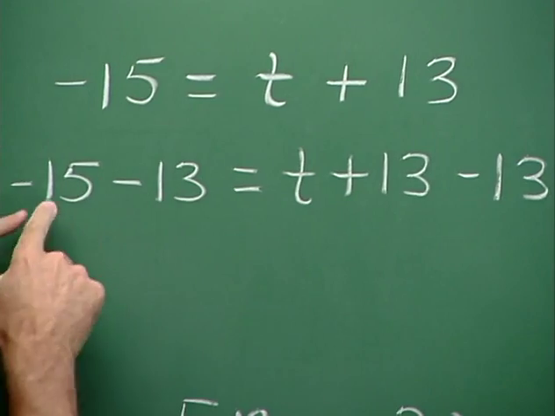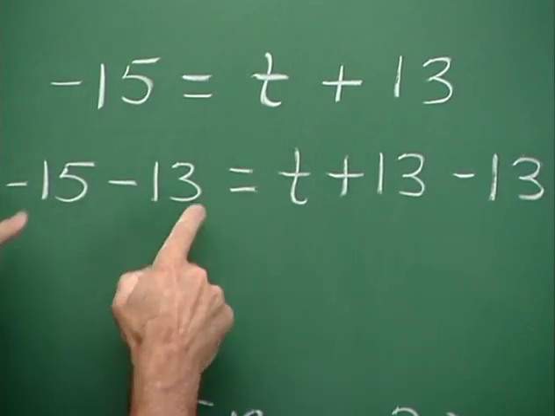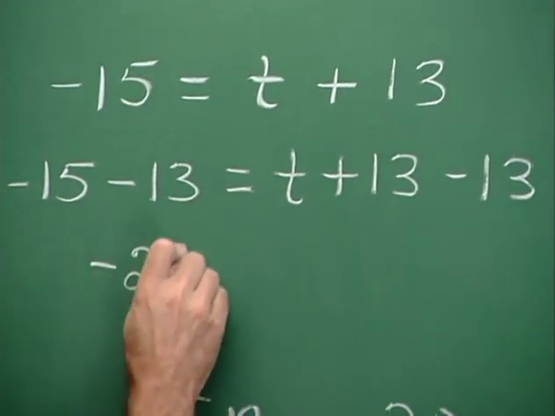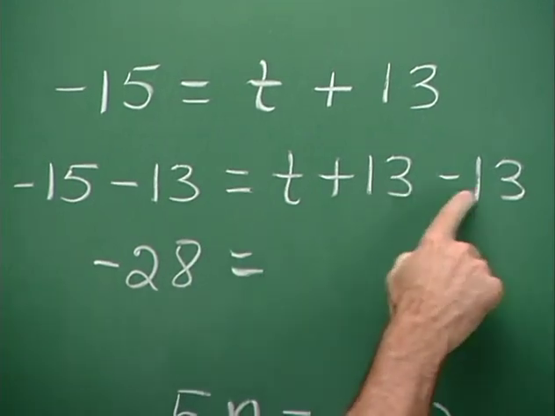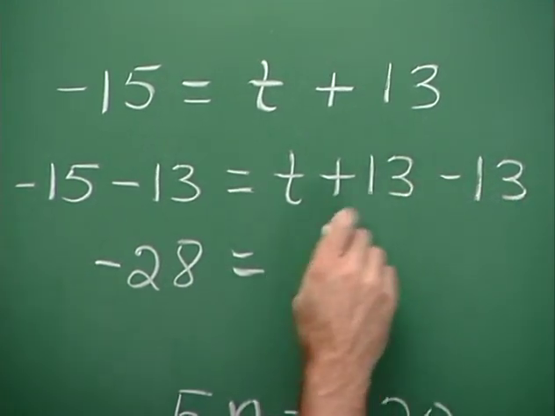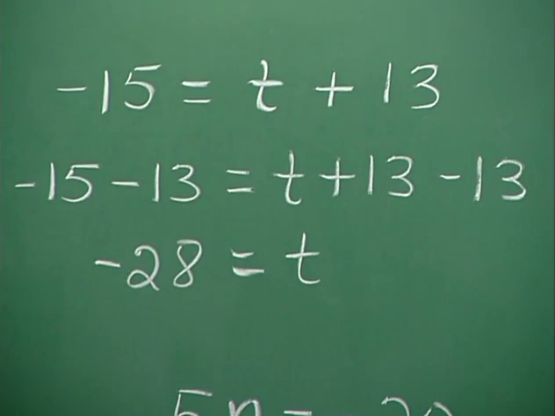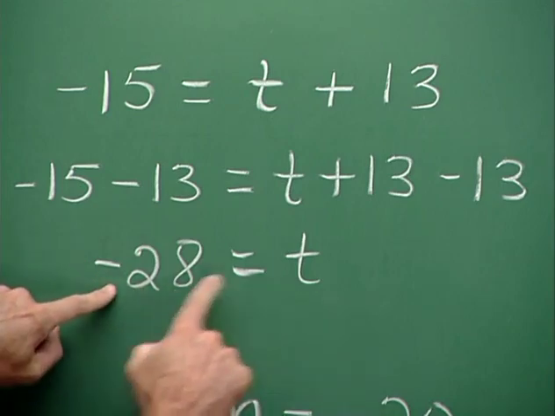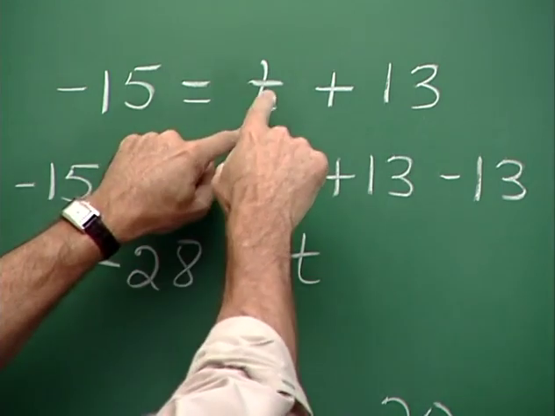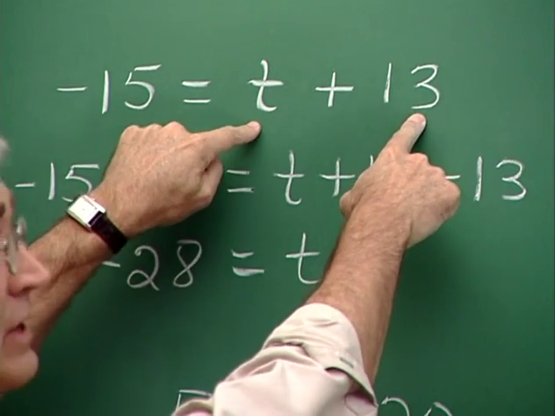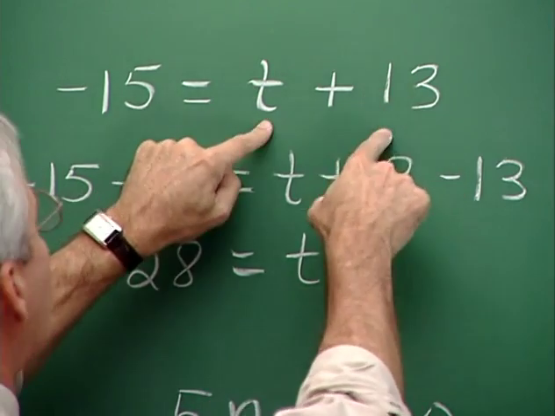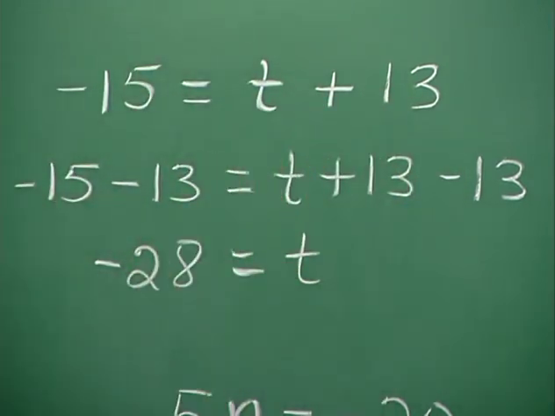On the left side, negative 15 with negative 13 is negative 28. And on the right side, 13 minus 13 would be 0. So we have simply t left on the right side. Negative 28 is the solution. Once again, we could check the validity of this solution by replacing t with negative 28. Negative 28 plus 13 is negative 15, and negative 15 equals negative 15, a true statement.